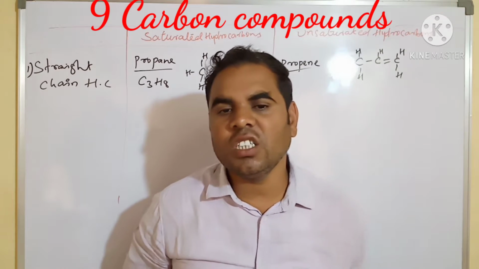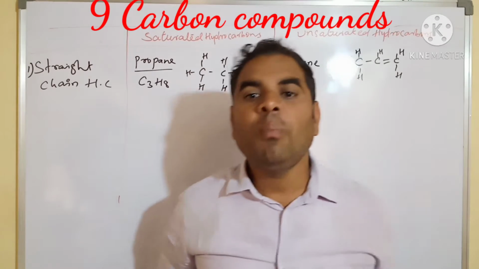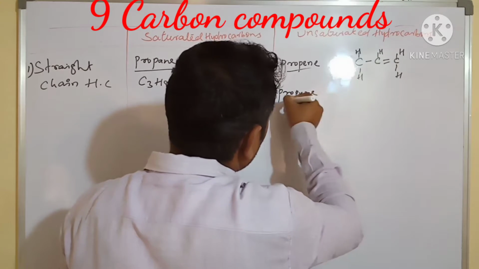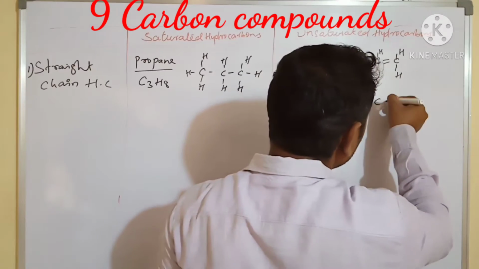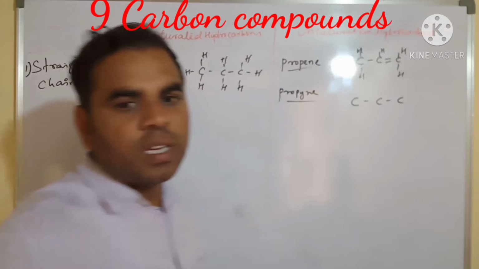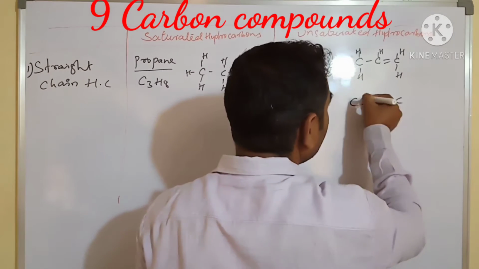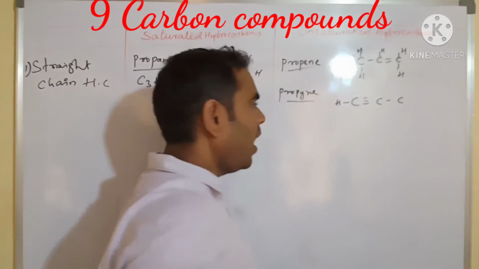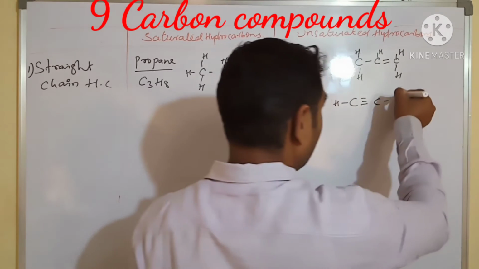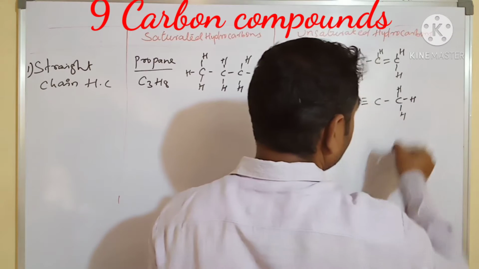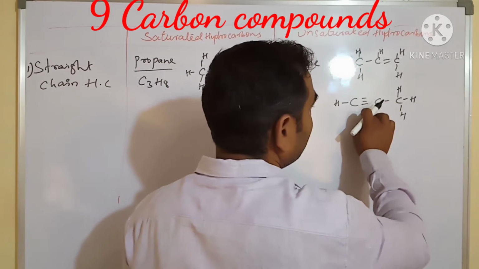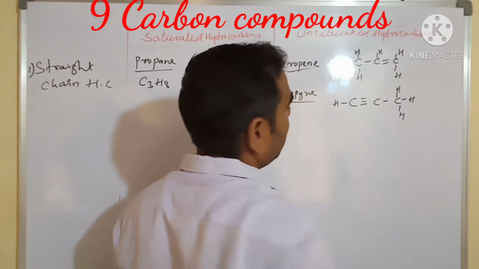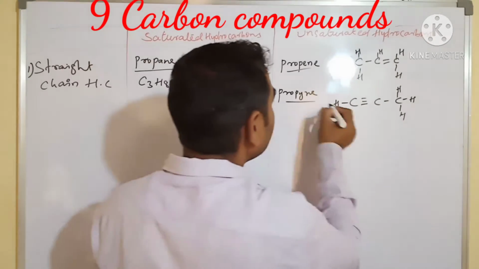You have to write the propene structural formula like this. Propyne also: we first write the 3 carbons, then keep a triple bond, 1 hydrogen here and 3 hydrogens here. These carbons have 3 bonds plus 1 bond, totally 4 bonds, and these carbons also 3 plus 1, 4. We call this propyne.